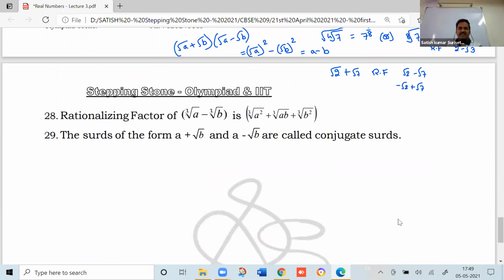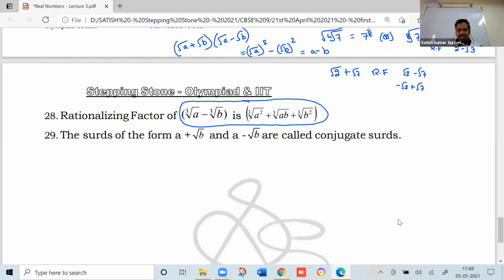So the rationalizing factor of cube root of a minus cube root of b is cube root of a square plus cube root of ab plus cube root of b square. Now, this product, if you calculate, will be a rational.